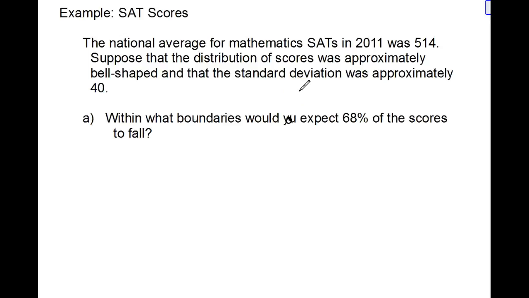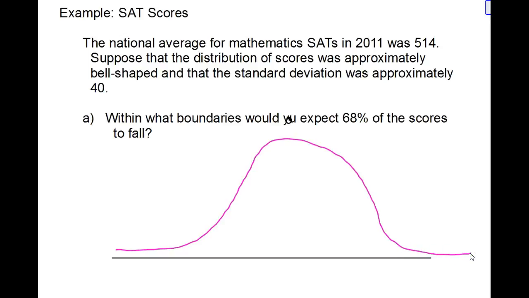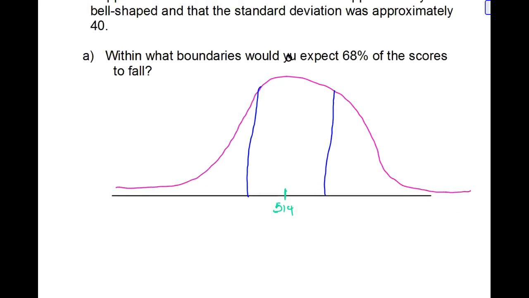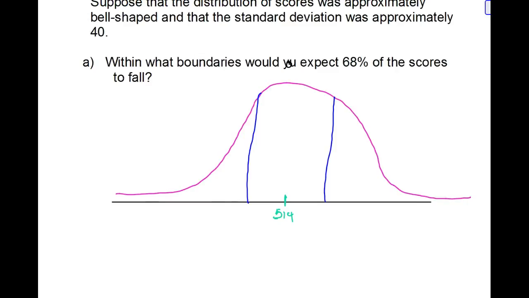So if I first look at my histogram, here's my mean, which is 514. And I'm wanting 68%. Well, 68% is one standard deviation away. So I'm going to take 514 and subtract 40.